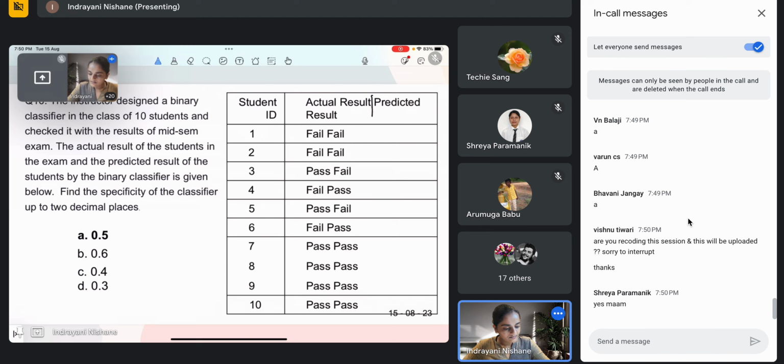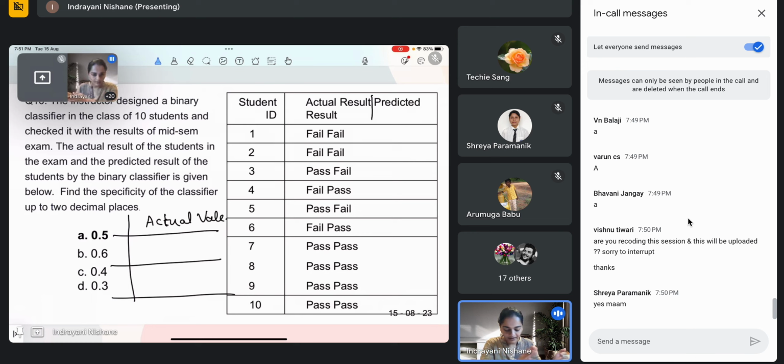These are actual result followed by predicted result. When we want to come up with a confusion matrix, the actual values are on the column side and the predicted values are here: pass and fail.